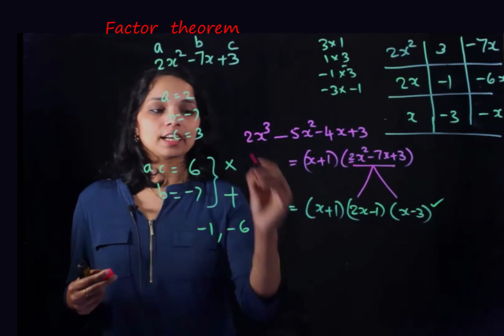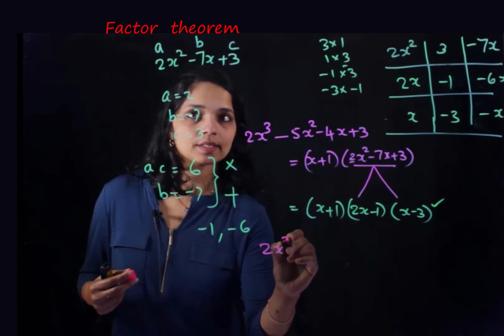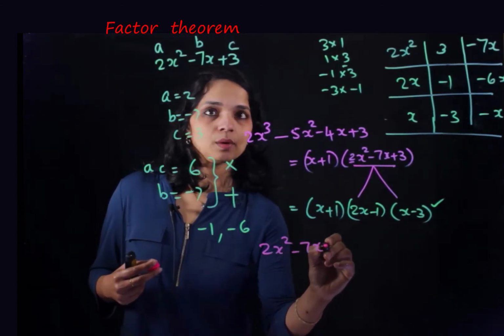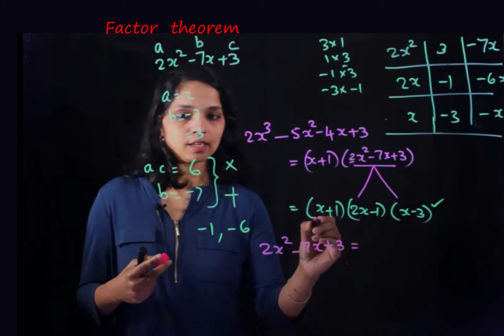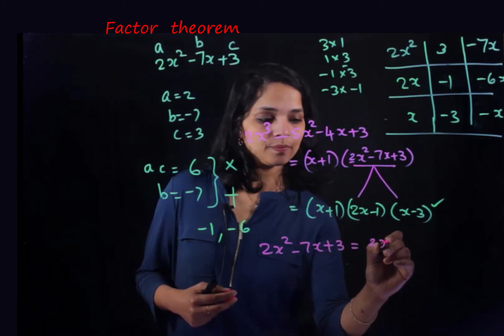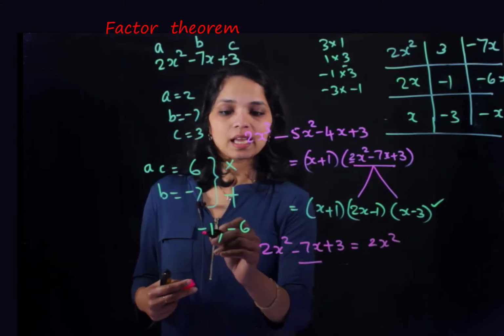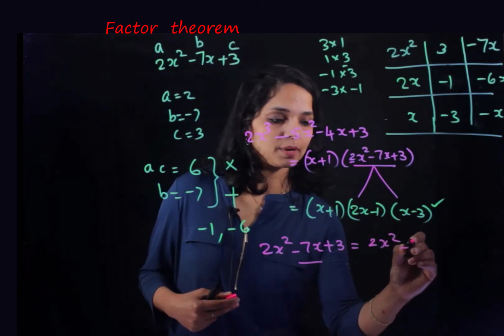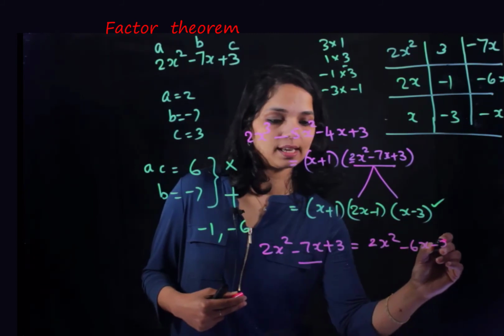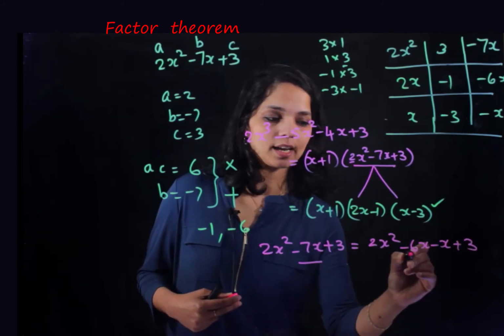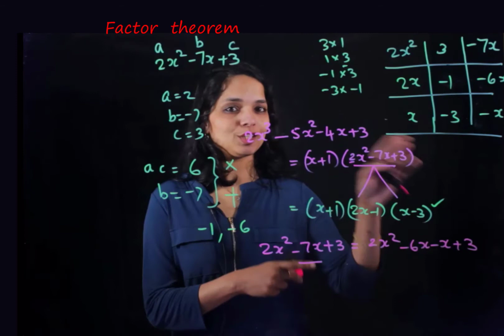So now you can rewrite this quadratic polynomial 2x squared minus 7x plus 3 as 2x squared, you're going to split minus 7x into minus 6x and minus x, minus 6x minus x plus 3. Usually the highest term first. If it doesn't work, you need to try the other option.